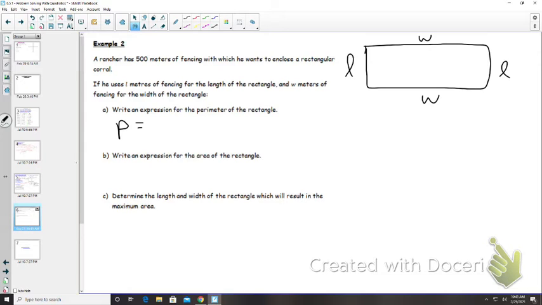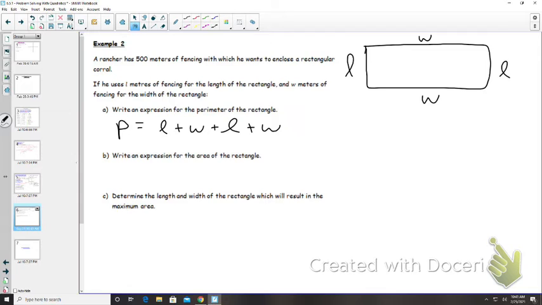Okay, what if I wanted to just do it algebraically with variables? So this is my side. If you want to find the perimeter, it's the sum of all 4 of these sides, right? Plus. Yeah, exactly. So the perimeter would be length plus width plus length plus width, right? Could I simplify that at all? L squared plus W squared?